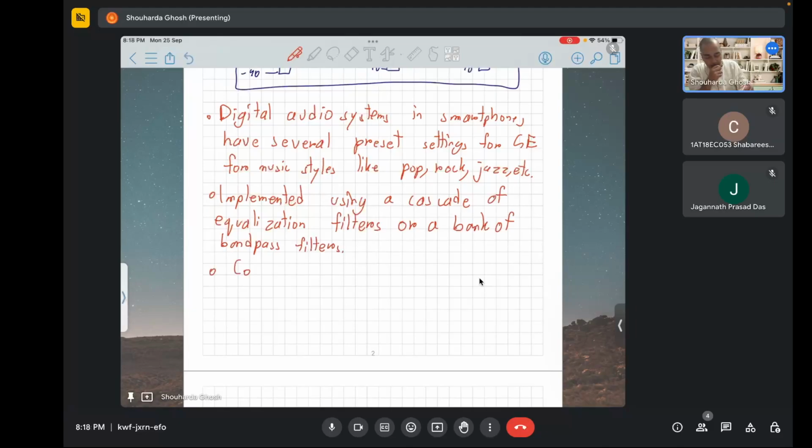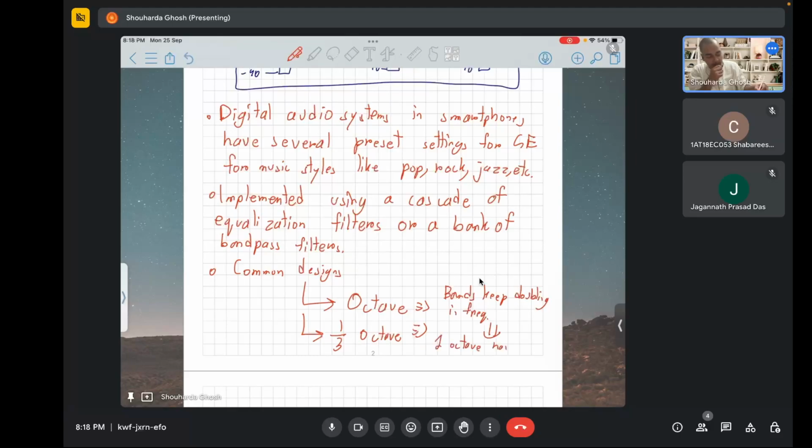what are the common designs? Some say one is the octave design, one is the 1/3 octave design. I'm not discussing much over here. It's like bands keep doubling in frequency, and here one octave has 3 bands, so this one is a bit more sophisticated than the normal octave.